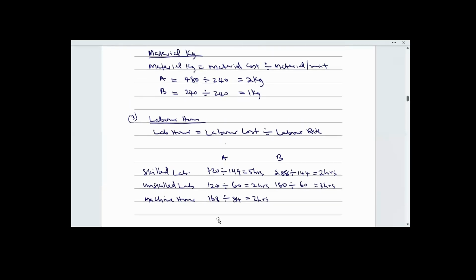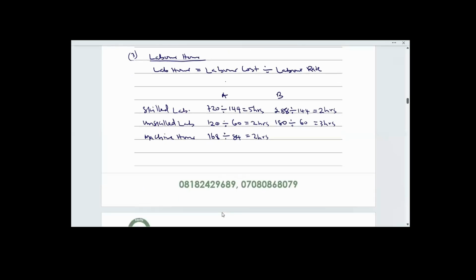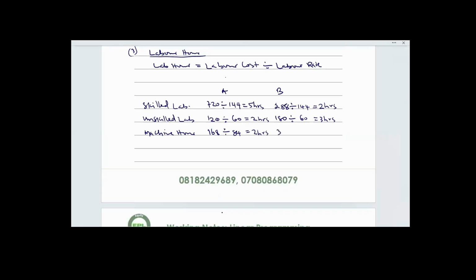And the last one, 336 divided by 84, which is 4 hours. So with this, I've determined hours per unit and the material kilogram per unit.